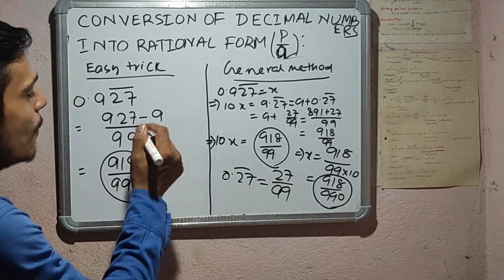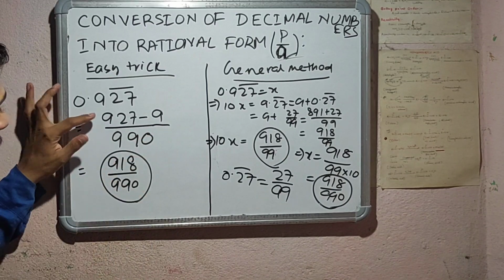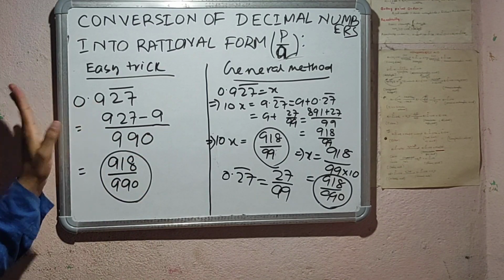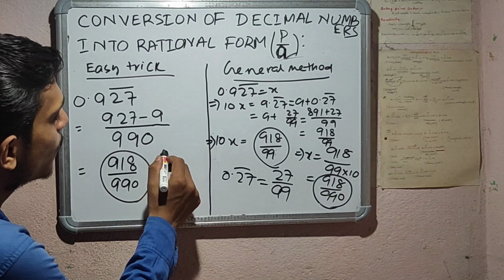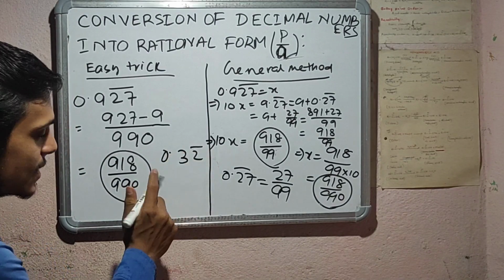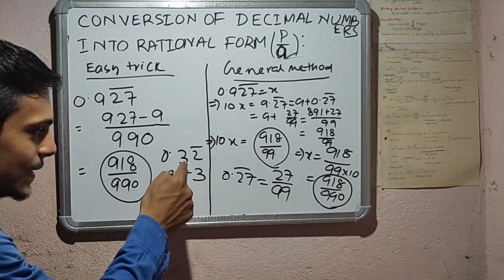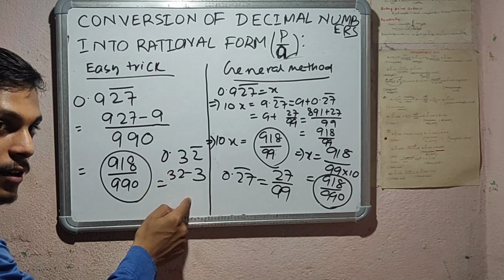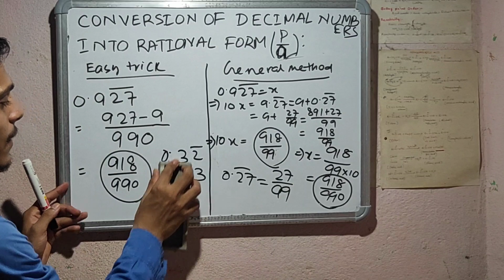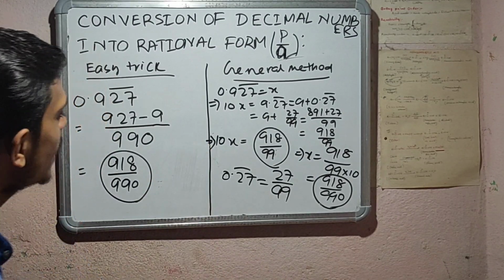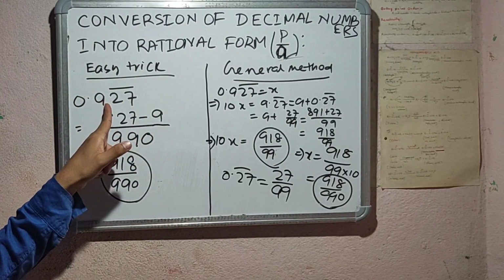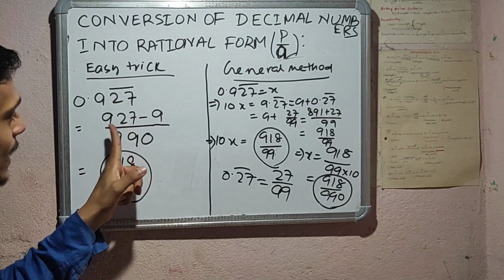Because there is a number that is non-repeating. If there is 0.32, just like this, you have to do 32 minus 3 because this digit is non-repeating. So that is 927 minus 9 because 9 is not repeating.